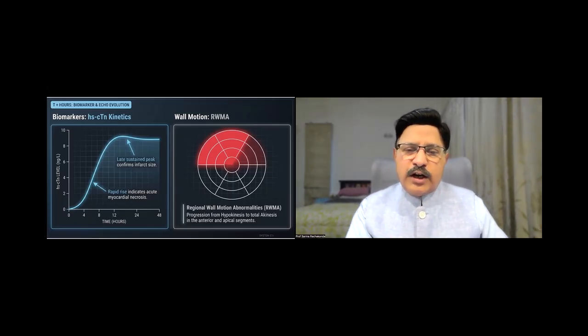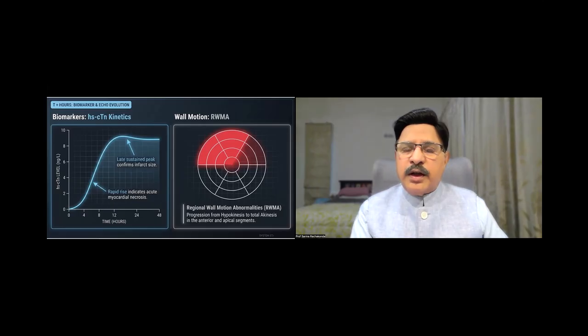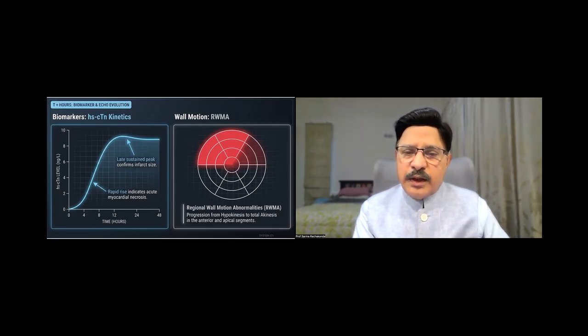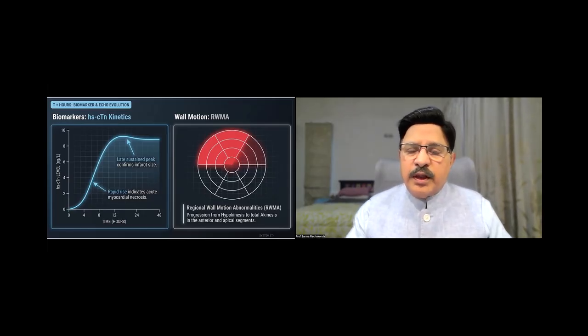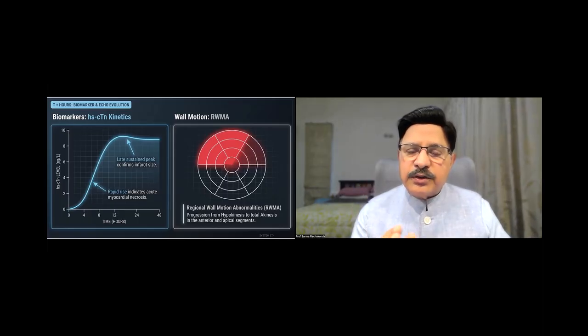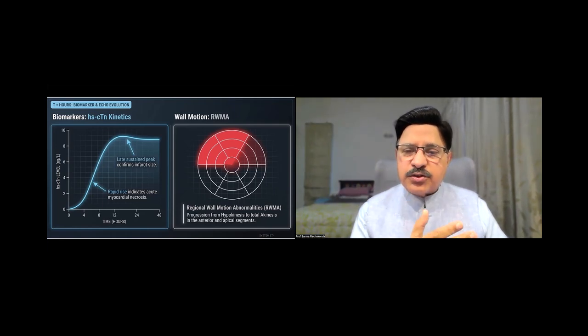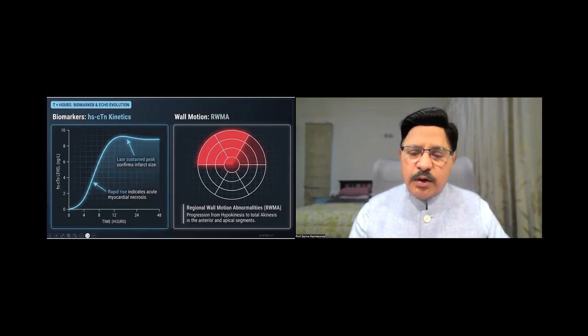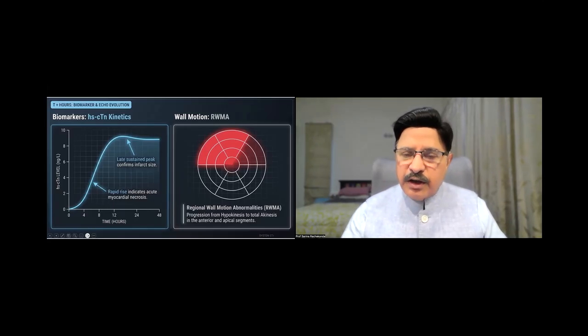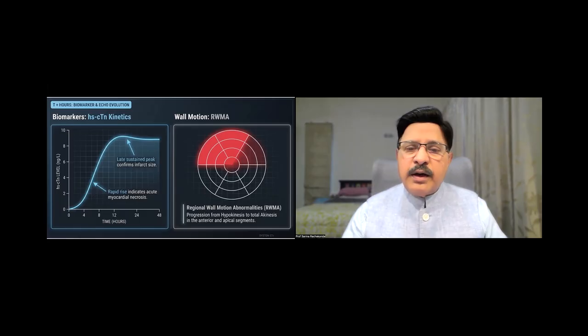Put the probe in the parasternal views, the four-chamber view and the subcostal view, and you see regional wall motion abnormalities. These are the earliest to develop, with progression from hypokinesis to total akinesis in the anterior and apical segments, indicative of ST segment elevation anteroseptal infarction.